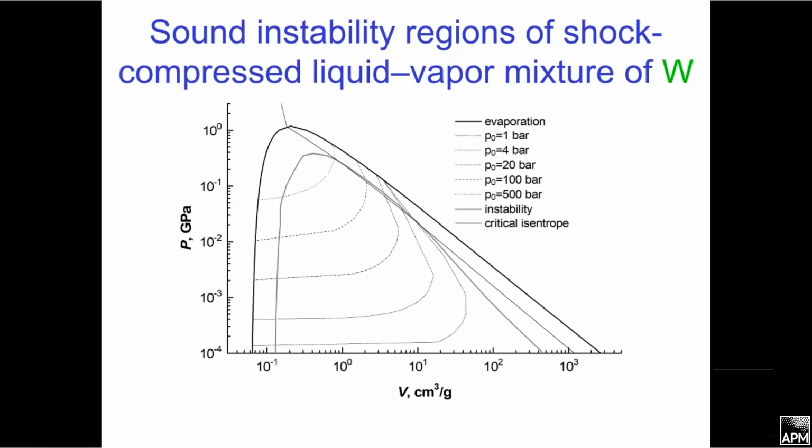This is the last slide. It shows boundaries of the sound instability region of the shock compressed liquid-vapor mixture of tungsten.